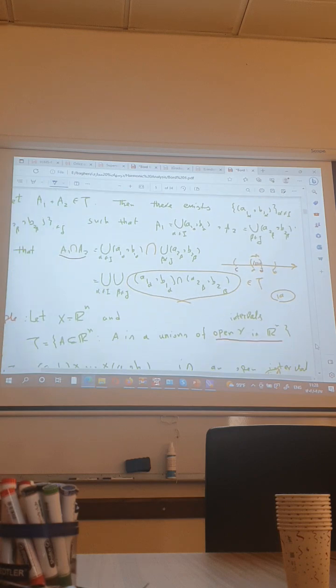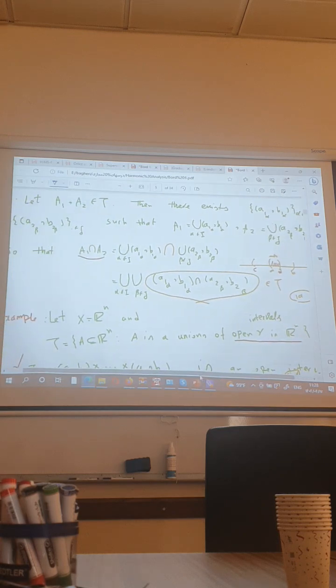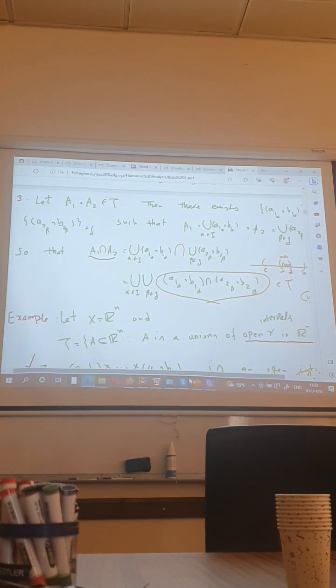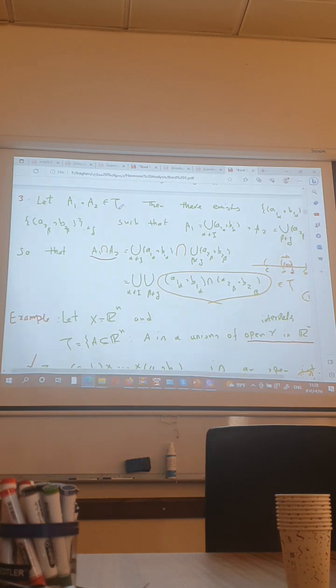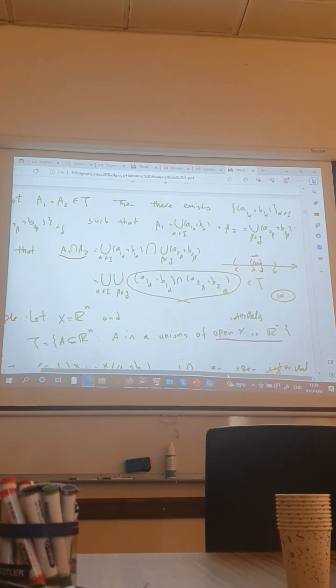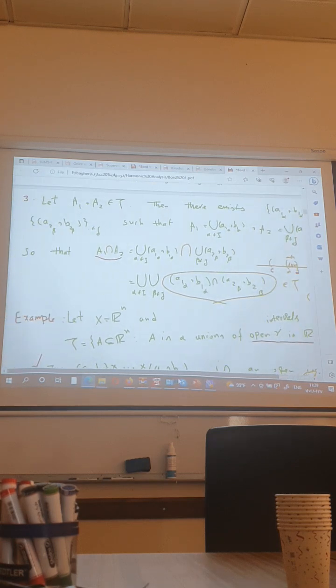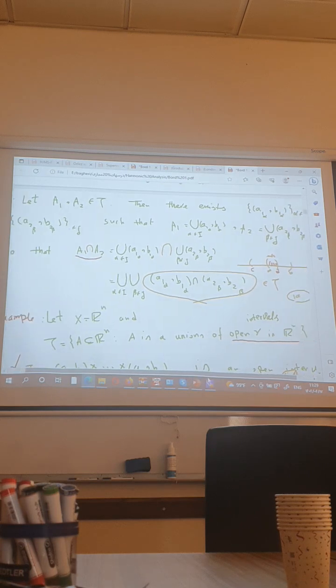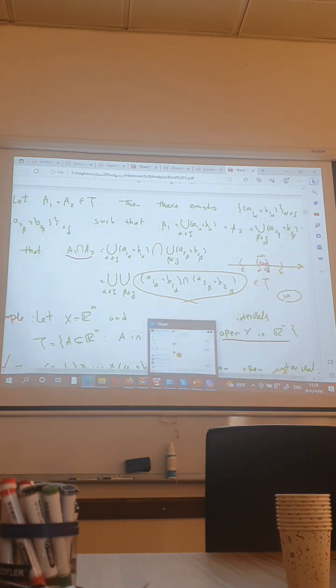And the second property: if we consider two elements in our set tau, there exist two families, for example, this family of intervals and this, okay? Such that A1 can be considered the union of intervals such as this, and A2 also the union of intervals. Then we see that the intersection of A1 and A2 is the intersection of this union and this union, okay?